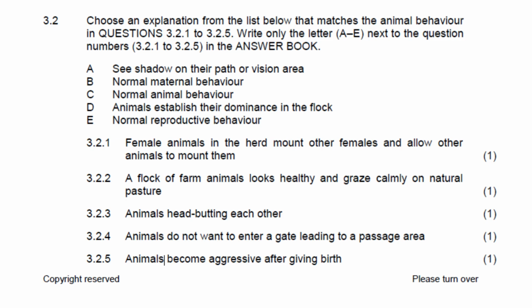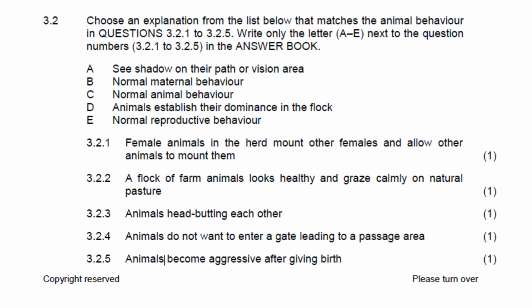Now, looking at the options that we have, when you think of female animals that will mount other animals, that tells you that one of these female animals is on heat. So that has to do with reproduction. And from these options, there is only one option that talks of reproduction. So we will go with E, which says normal reproductive behavior. Right, because this is one of the symptoms when the animals are on heat.